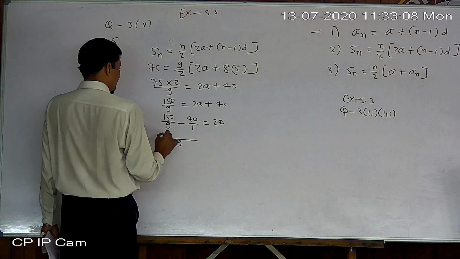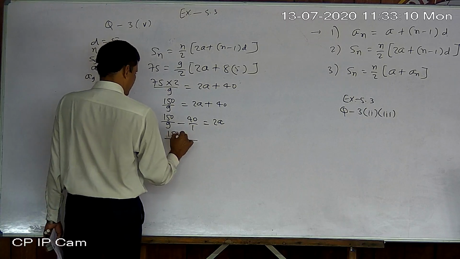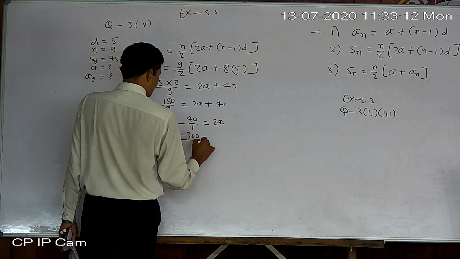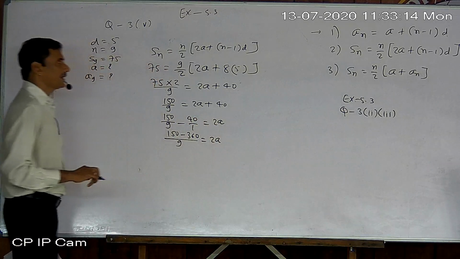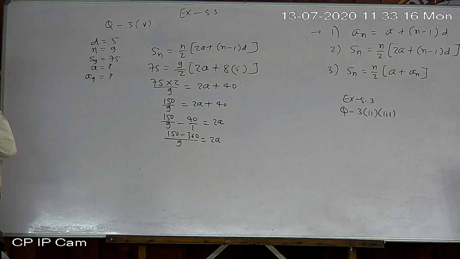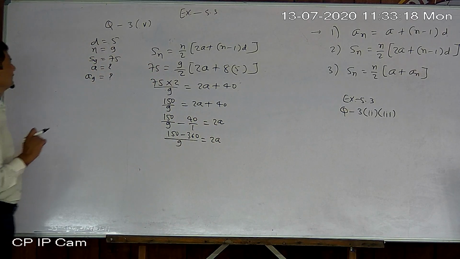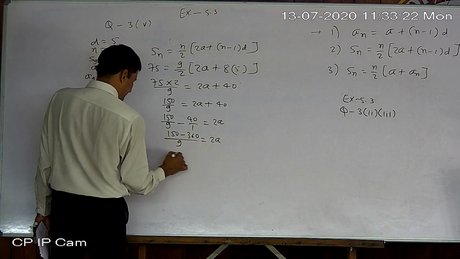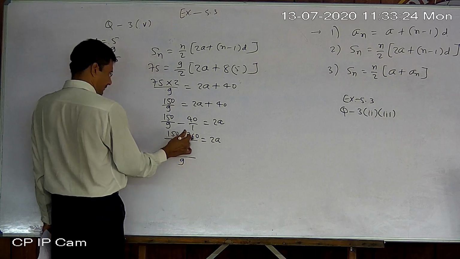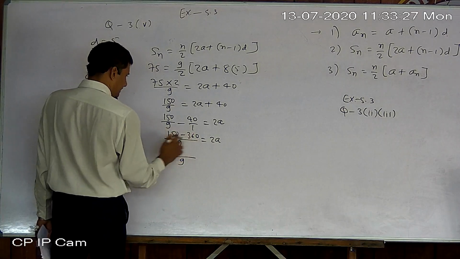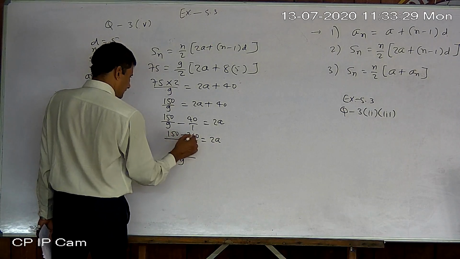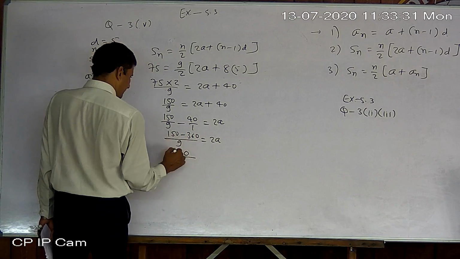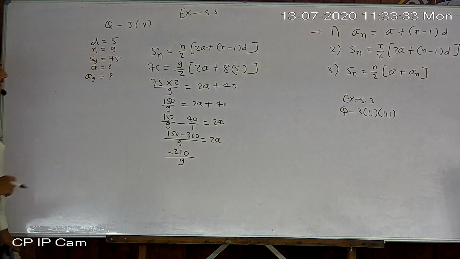So 150 upon 9 minus 40 is equal to 2A. Okay, A can be negative. A can be negative also. Now 150 minus 360 means a bigger sign, but 360 minus 150 is 210: 0, 6 minus 5 is 1 and 3 minus 1 is 2.